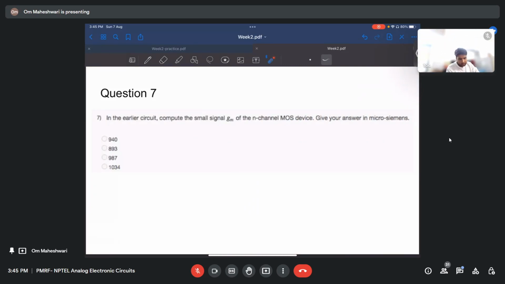So this is again in the earlier circuit, compute GM. This is very simple. We know GM equals del ID by del VGS. ID is K times (VGS minus VTH) whole square.